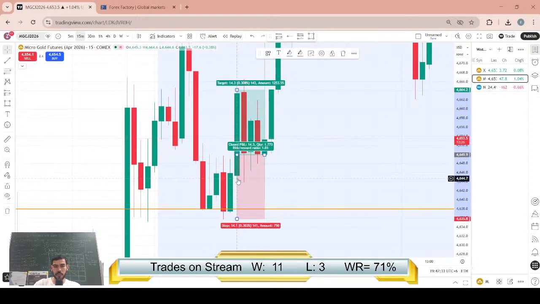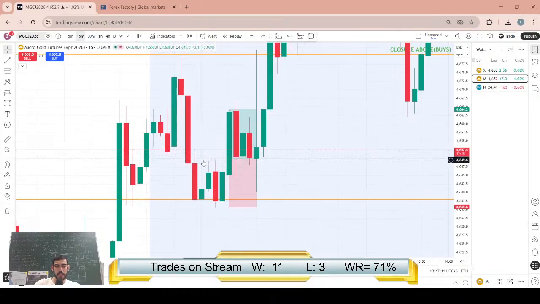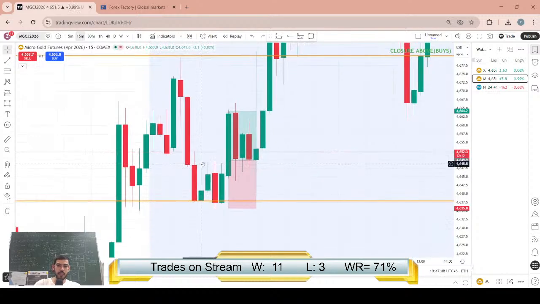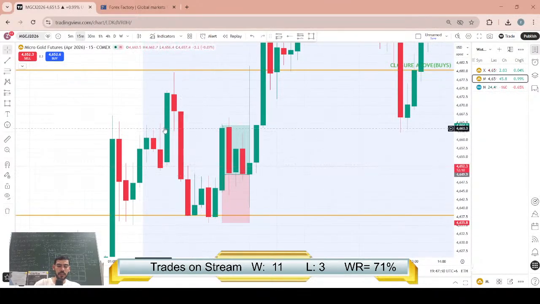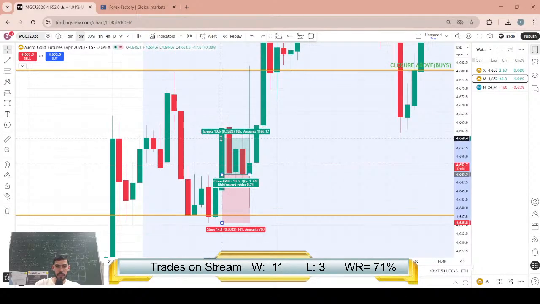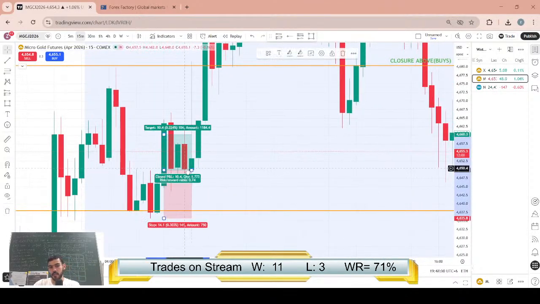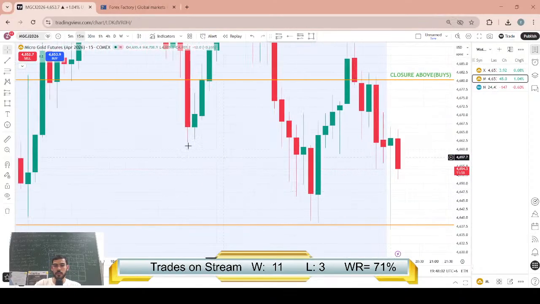A little bit small bottom wick, but with the volume, I believe, from Asian session. And if it broke above this, there is 1, 2, 3, 4, there is 4 candle high. So if it breaks, there is high probability for it to go down. So you grabbed the 100 pips, man. That's a perfect trade and good execution. Well done, my friend.